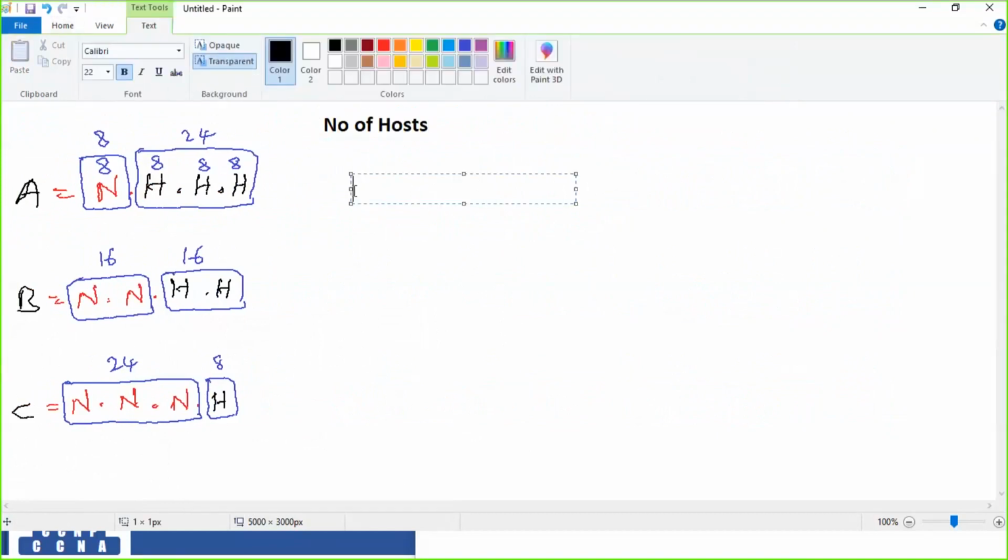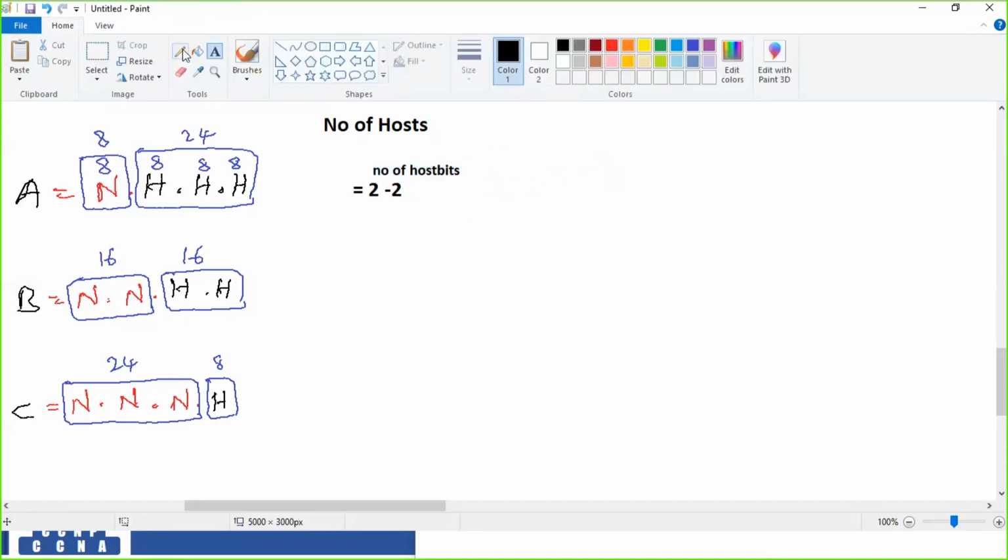The formula for the number of hosts is 2 power number of host bits, minus 2. Not power, base minus 2. That's all, simple. In the formula itself, it is a minus 2. Hence, for every network, 2 IPs are minused. I'll tell you why.